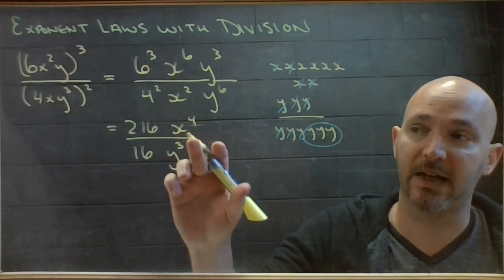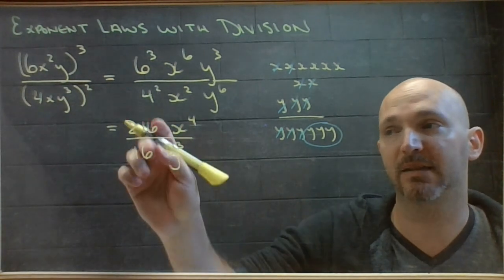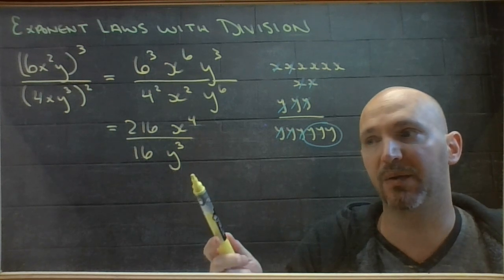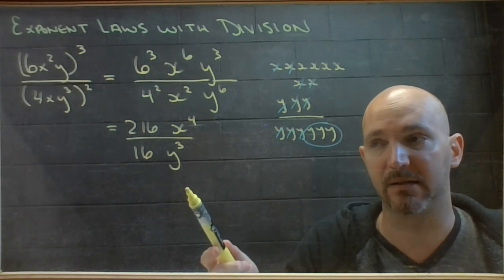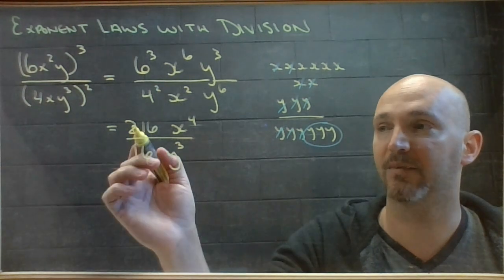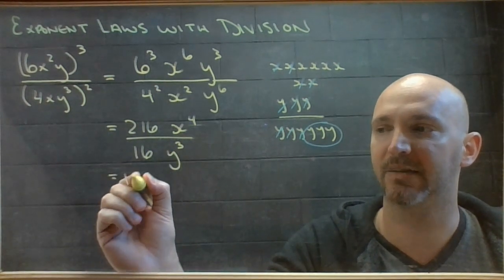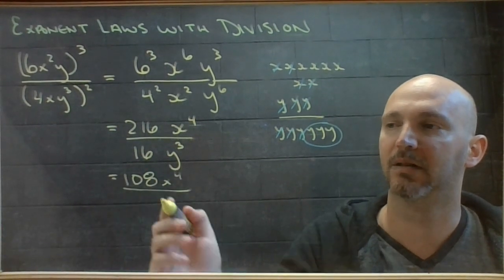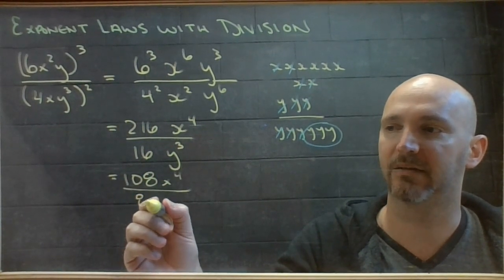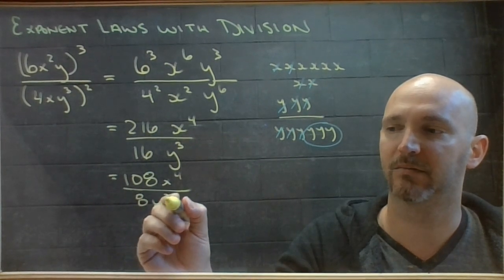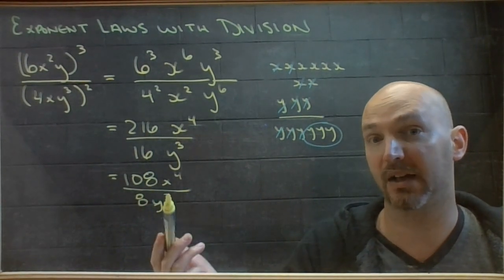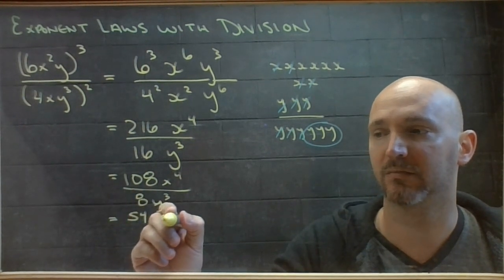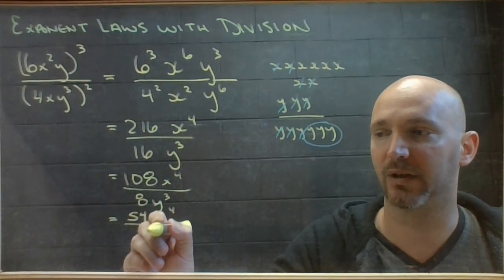So looking at that, you've simplified the x's and the y's, and looking at the numbers, I see that they're both even. They both divide by 2 at least. I'm going to try cutting them in half. Half of this would be 108. Half of this would be 8. Now those cut in half again, that would be 54. That's 4.